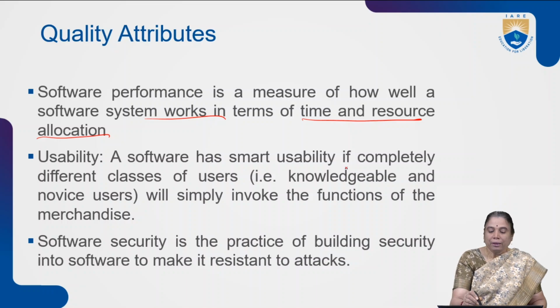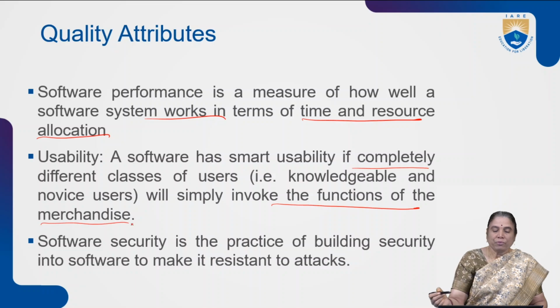So if completely different classes of users, like a novice user, system analyst, or knowledgeable user, operate the software, can they simply invoke the functions of the software or not? This can be verified in usability testing.